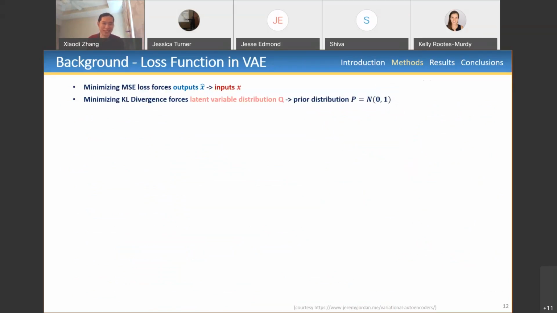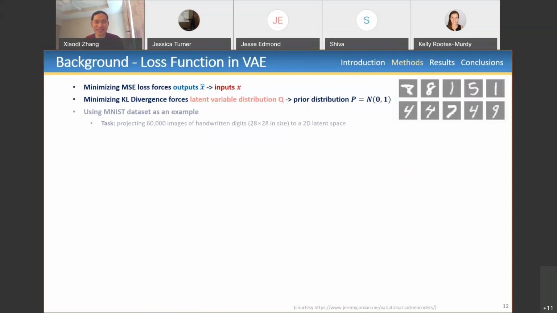So you now know the theory. Now, the idea is that we can use a simple example: try to project a 2D image of a handwritten digit into some kind of 2D latent space using a variational autoencoder.